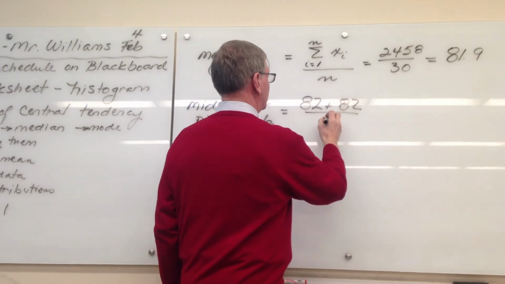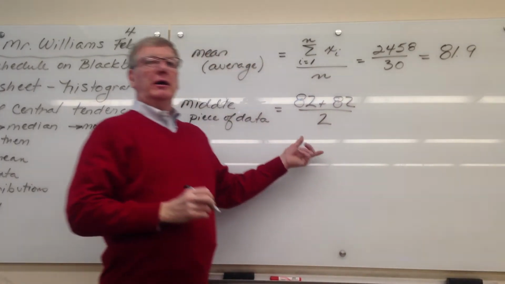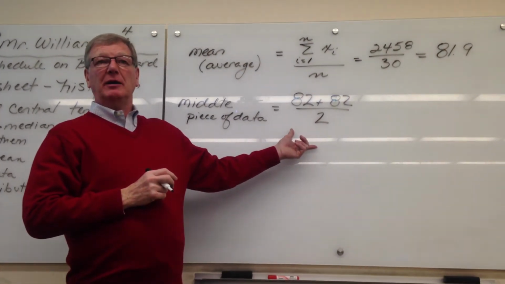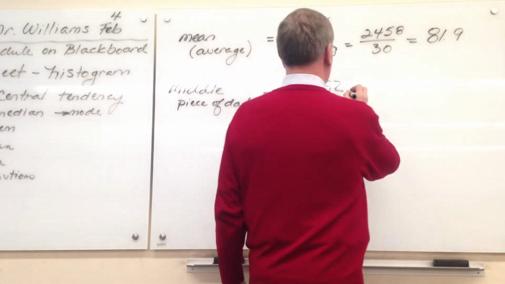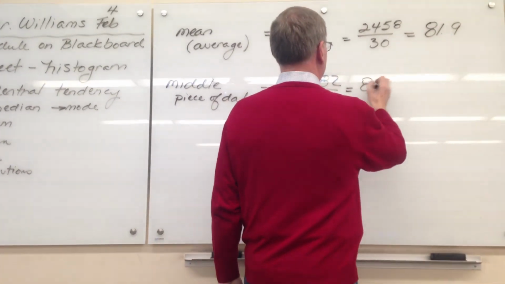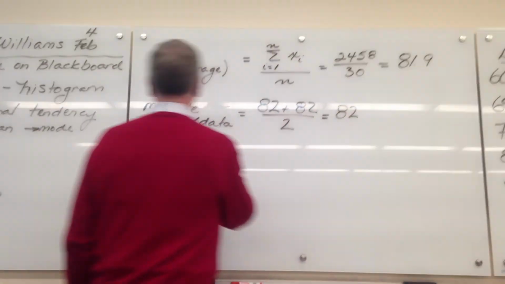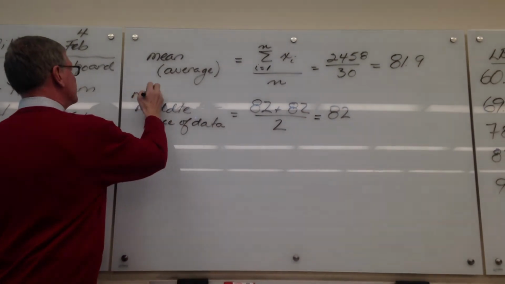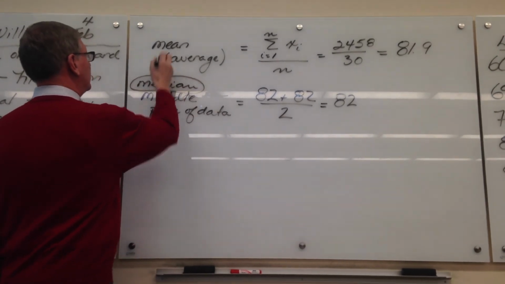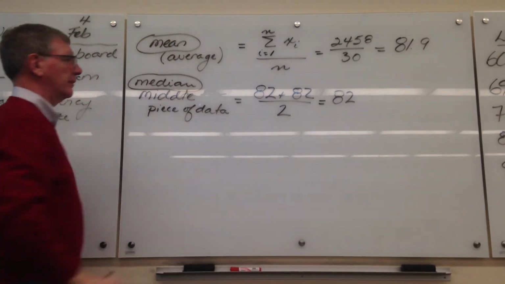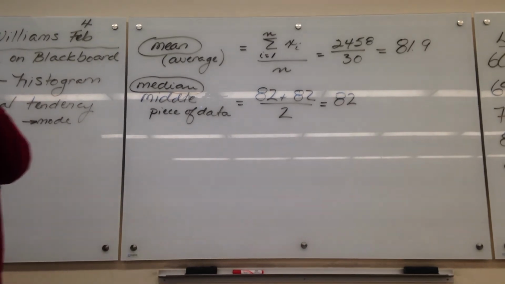Well, that's pretty easy. Okay, somebody do some high-level math for me. What's that equal to? Good. Right? So our median is 82. Okay? The middle piece of data.